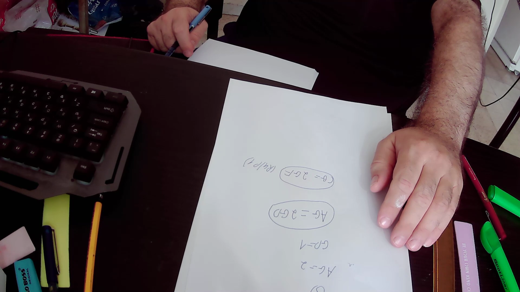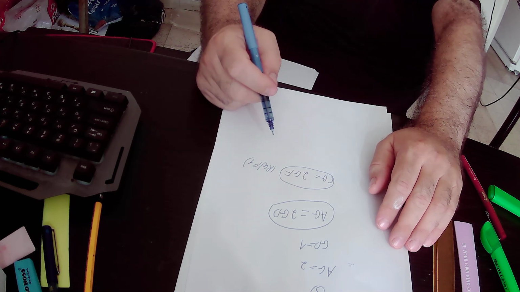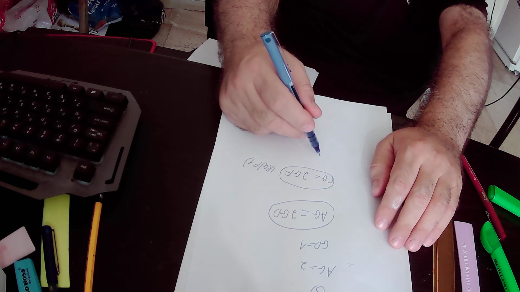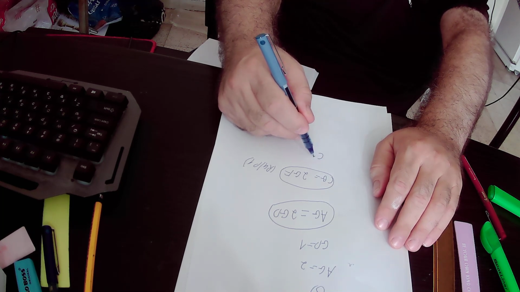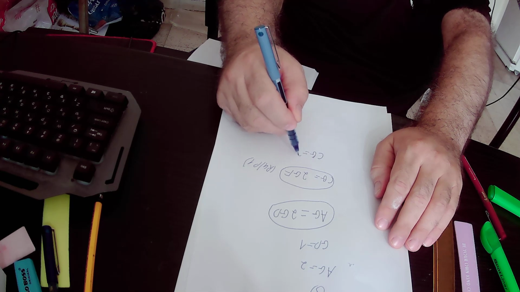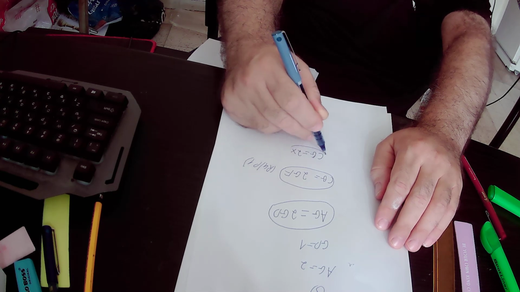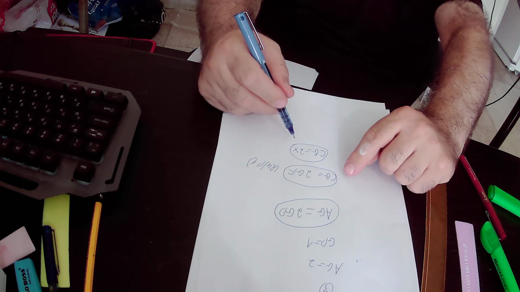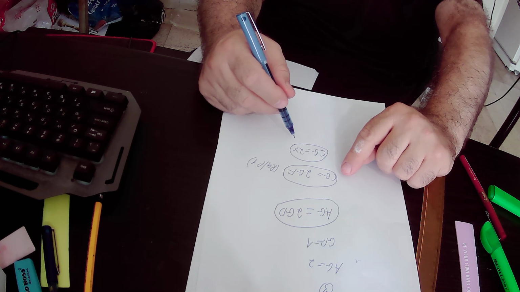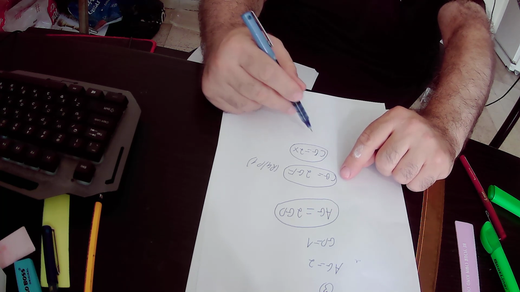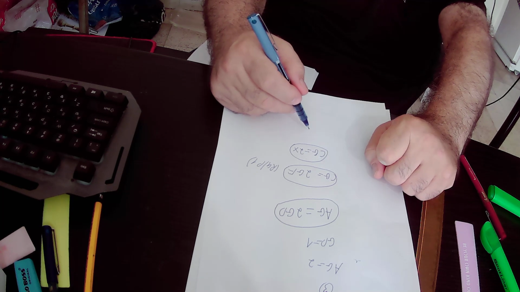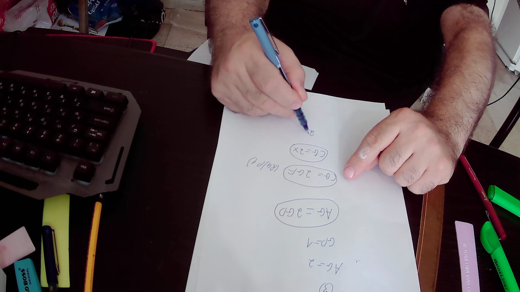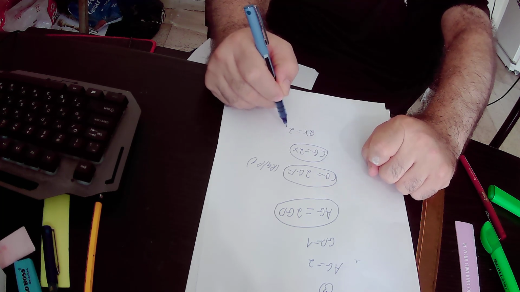So, if we define CG as 2x, then we can substitute CG in this equality by 2x, and we get that 2x equals 2 times GF.